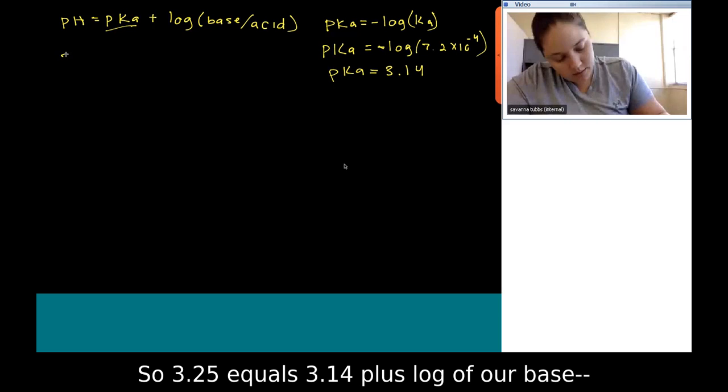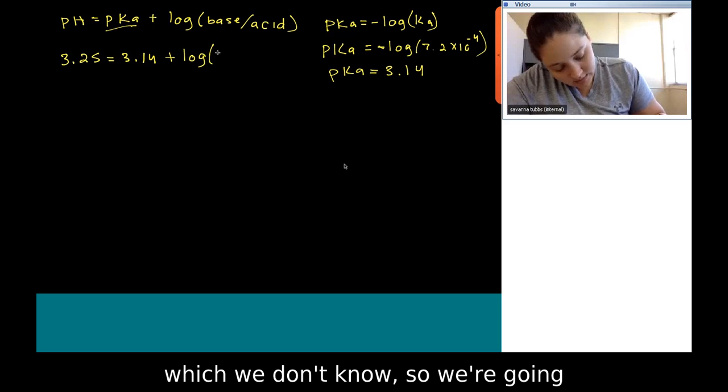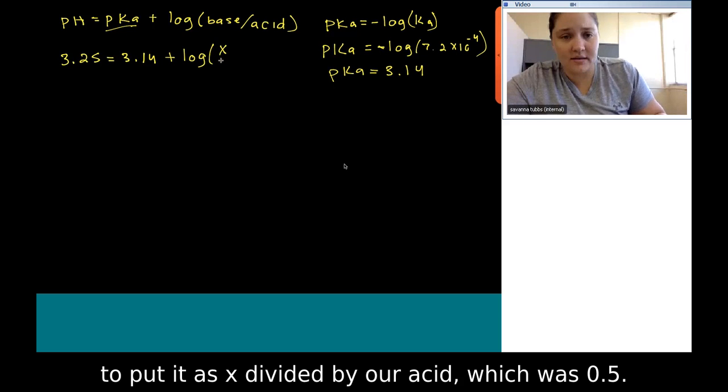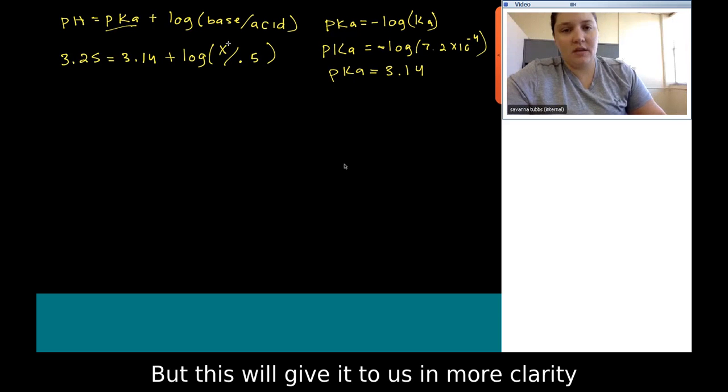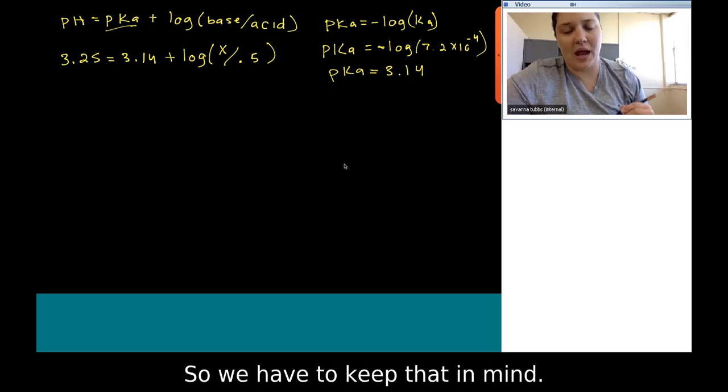So 3.25 equals 3.14 plus log of our base, which we don't know, so we're going to put it as x, divided by our acid, which was 0.5. So we need to solve for that base, but this will give it to us in molarity, and we need it in grams, so we have to keep that in mind.